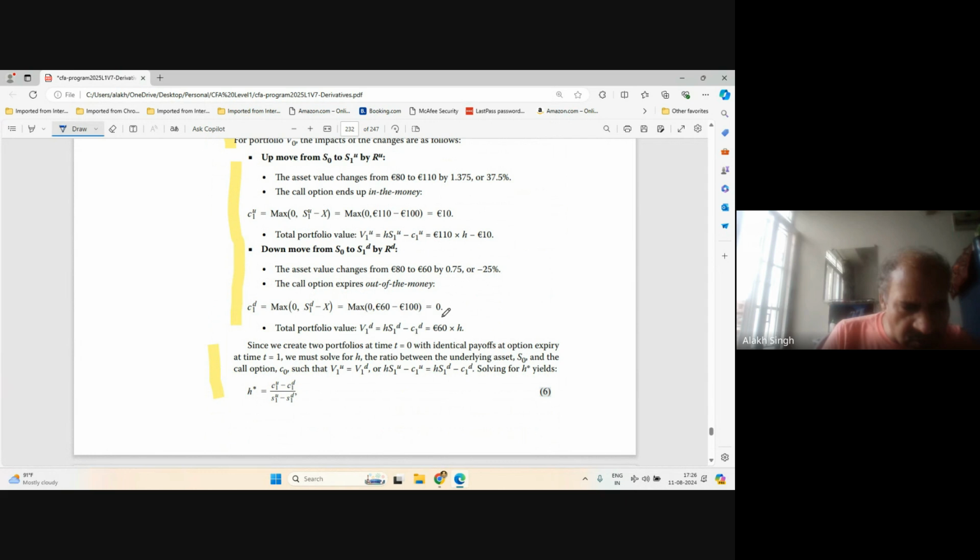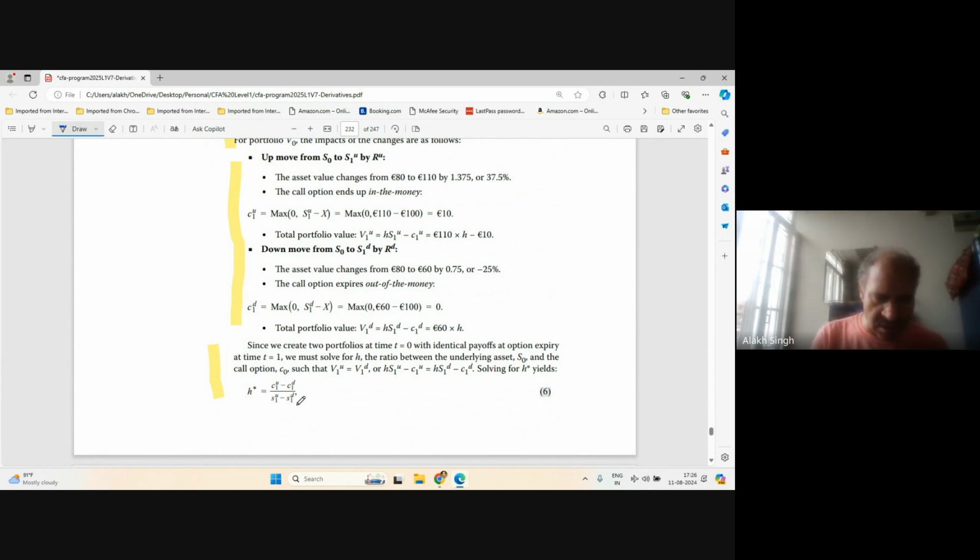So in order to calculate the hedge ratio, this is the formula: C1U minus C1D divided by S1U minus S1D. So our C1U was 10 and C1D was 0. So the numerator will be 10, and S1U was 110.